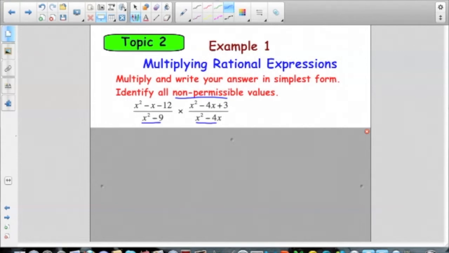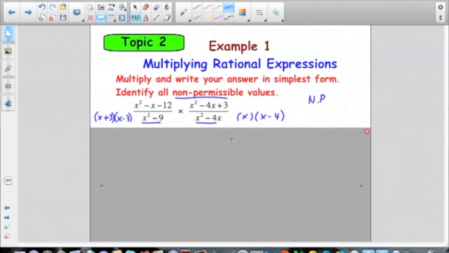So when we factor this, we know it's (x plus 3)(x minus 3). It's a difference of squares. And when we look at this, there's a GCF, an x, which comes out, and then we've got x minus 4. Okay, now we've got the non-permissibles.